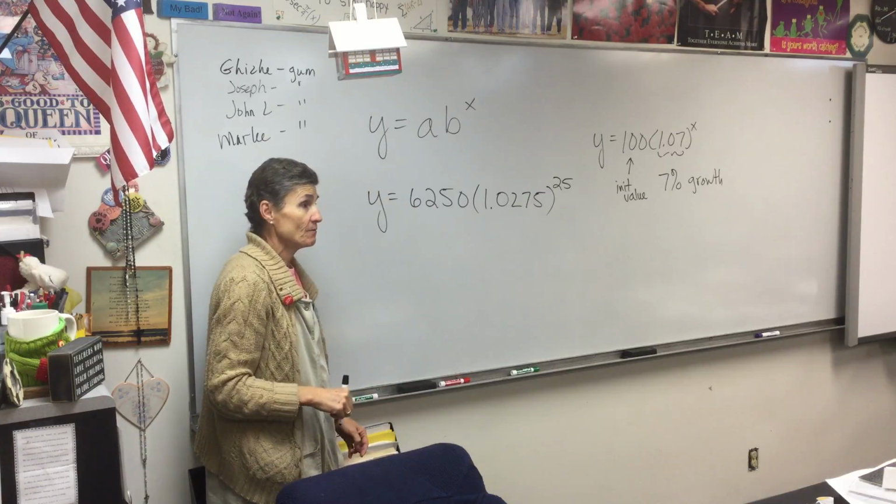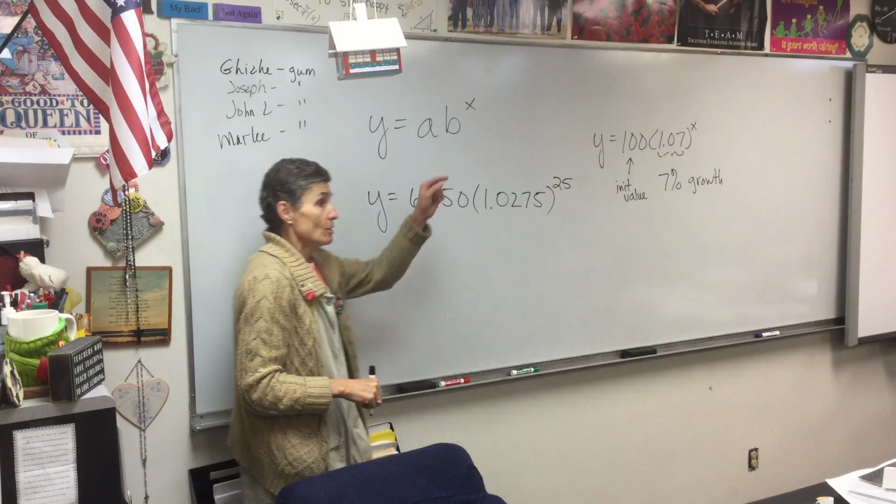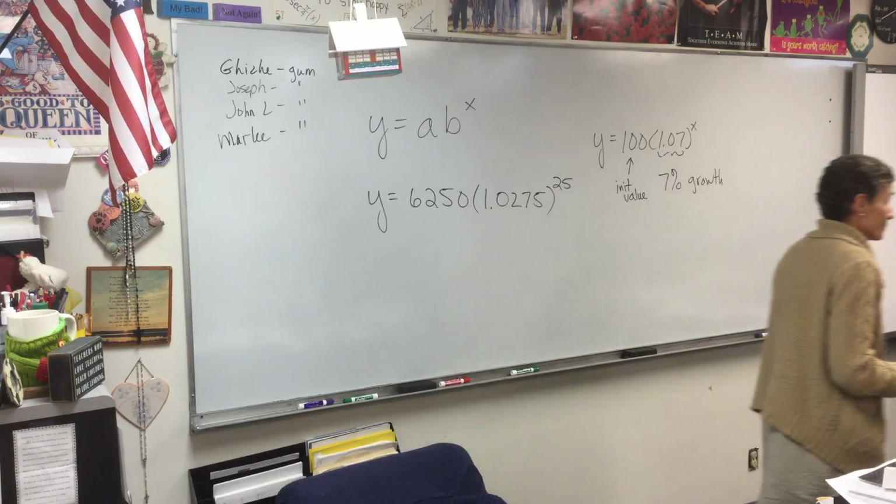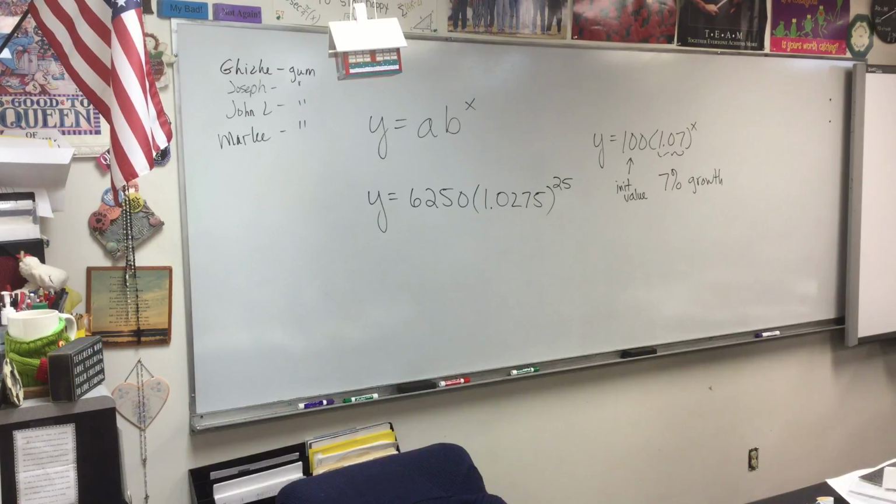Because 1915 is 25 years after I started. 6,250 is times 0, so times 0 is 1890. So 1915 is 25 years later than that. Do you see? All right, let's type it in on our calculators.